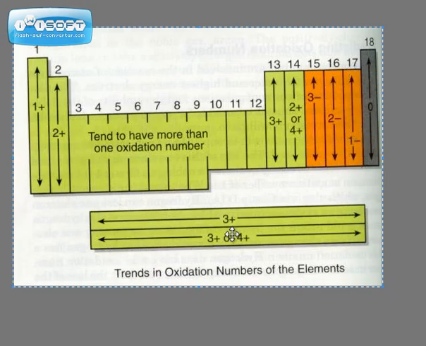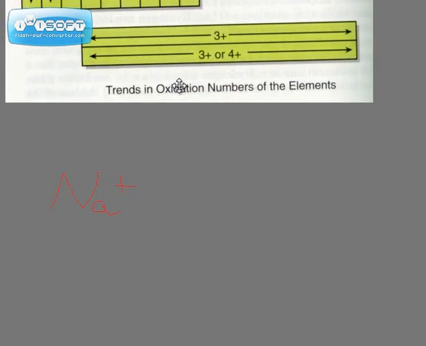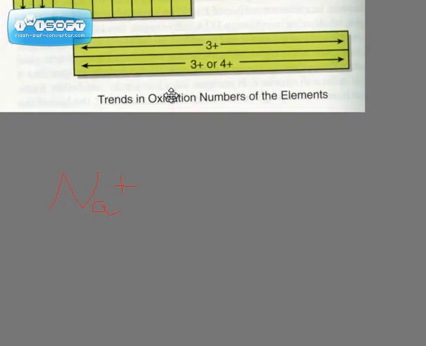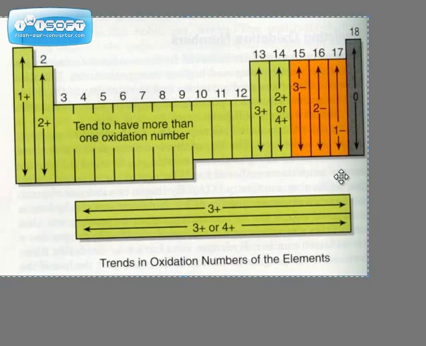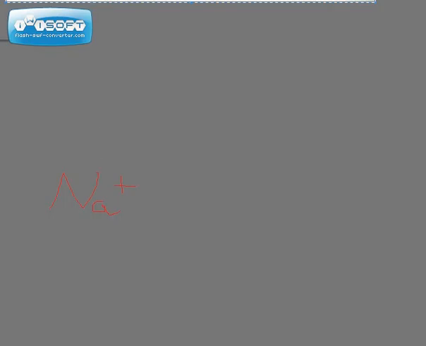So we know that sodium is going to have a +1 charge, and chlorine is going to have a -1 charge. If we look at how those are going to bond together, we have Na with a +1 and chlorine, Cl, with a -1 charge.